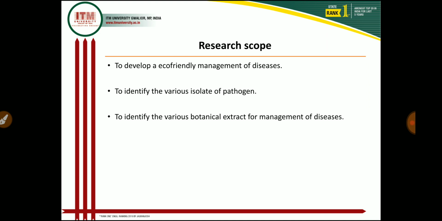Now I will explain the different research scope of today's lecture. Students can plan research to develop eco-friendly management of the diseases, in which they identify the best strain of Trichoderma and Pseudomonas for controlling the fungal and bacterial pathogens respectively. Students can also plan research on surveying and screening of the safflower diseases in the Chambal region, and after collecting disease samples from the different regions they isolate them in the lab and find which isolate is more virulent as compared to the other isolates. And third, to identify the various botanicals for management of the diseases.